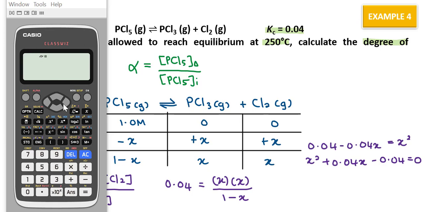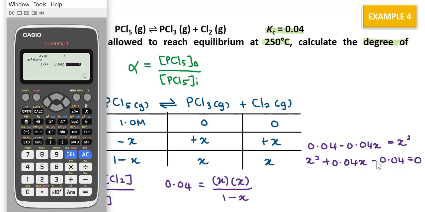Press your calculator menu, choose the equation mode, select the polynomial, and choose second degree. Then put the value of a here: x squared, so we have 1, equals. The b value here is positive 0.04, so press 0.04, equals.